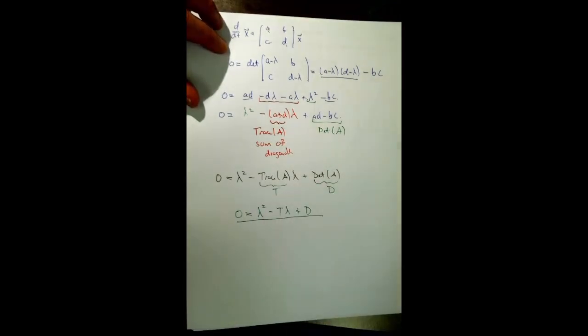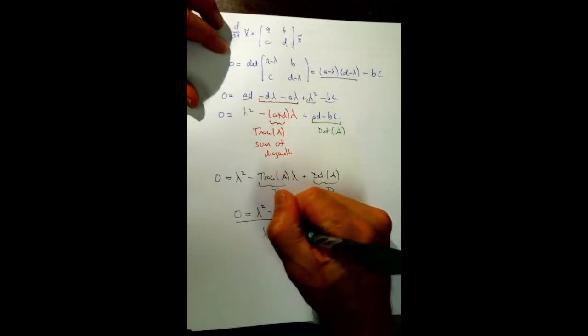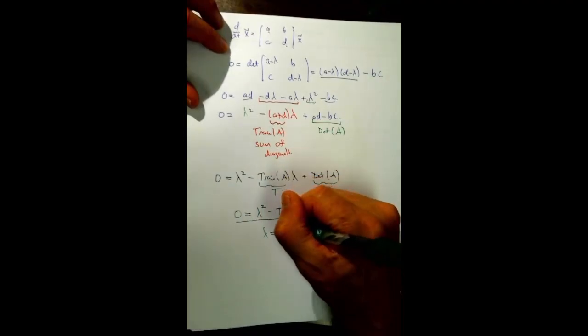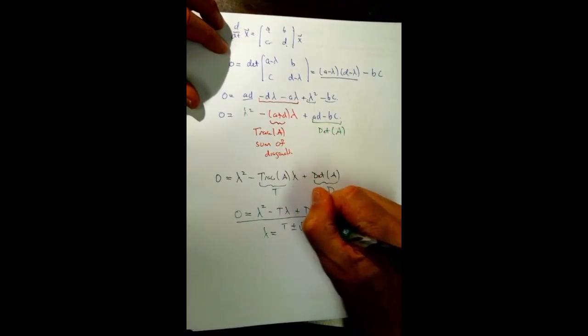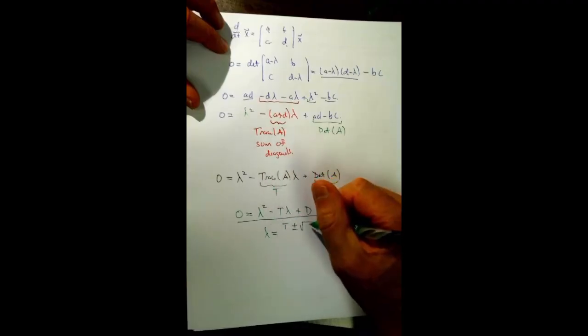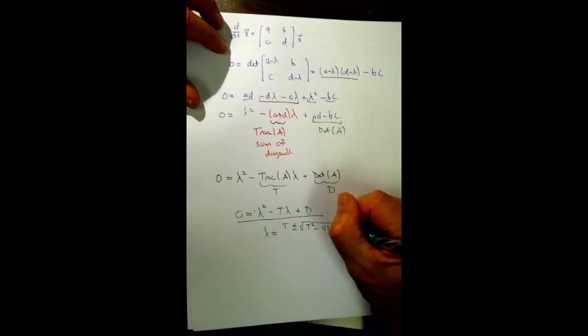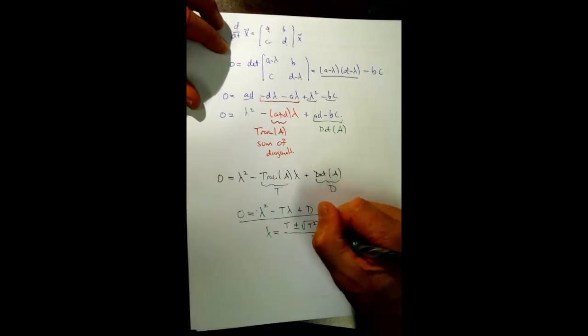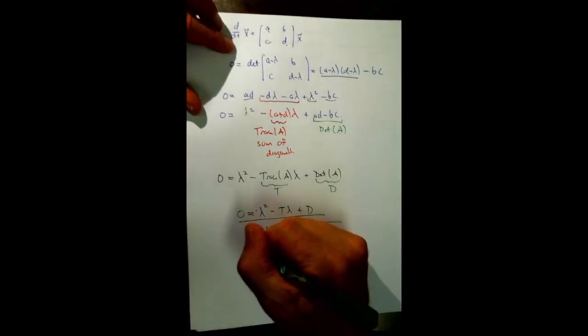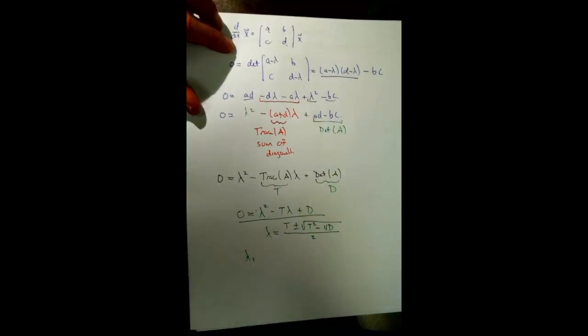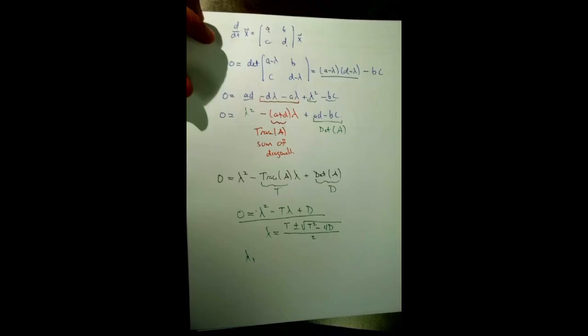In particular, if I use the quadratic equation, I get lambda is going to be minus a minus T, plus or minus the square root of minus T quantity squared, which is T squared, minus 4 times 1 times D, which is minus 4D, all over 2 times 1. So I'm going to have lambda 1. Let me be careful. I want to stay consistent with my notes.